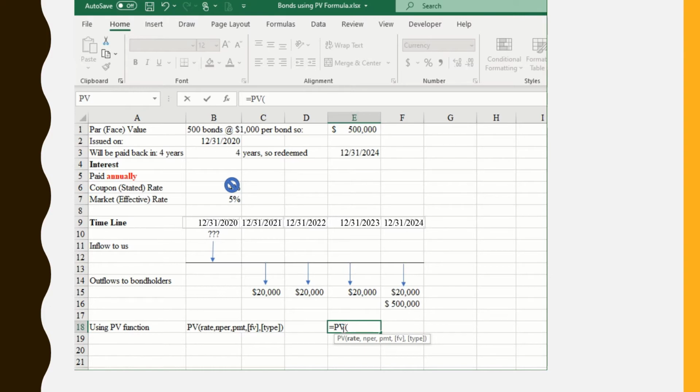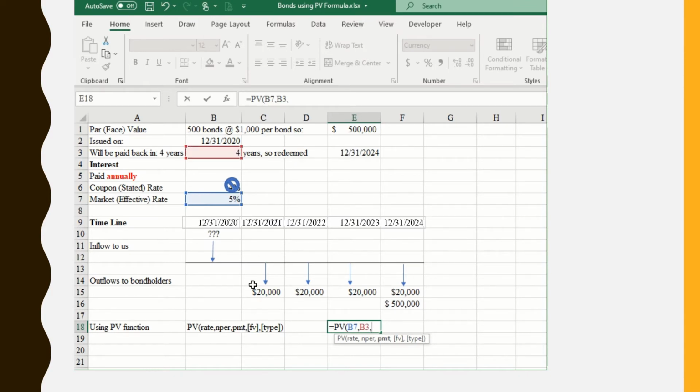Once you do that, it will usually show you what the terms are of the formula. So you take the rate first, and I already put the big old X through the coupon, so I know I can pull the market. The number of periods are the number of payments, so that's 4 of them.